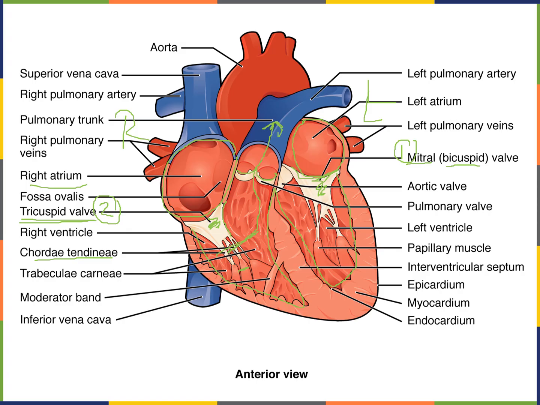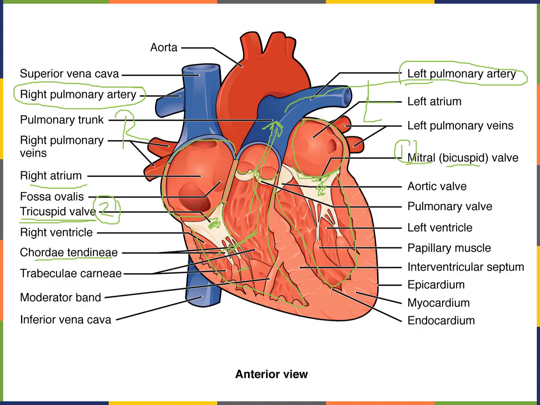So when blood goes into the pulmonary trunk, it branches to give you right and left pulmonary arteries, because remember, all arteries carry blood away from the heart. And because we have a right lung and a left lung, we need a left pulmonary artery and a right pulmonary artery.